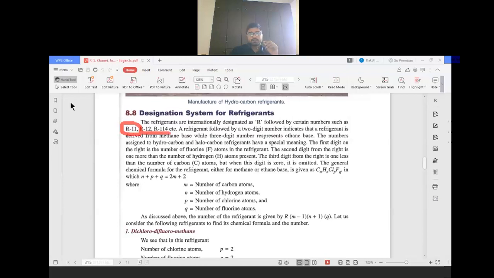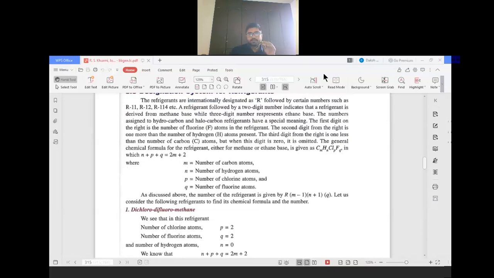You might get confused about what these numbers indicate, or whether there is any chemical formula behind them. Yes, there is a method by which we can designate refrigerants, a procedure by which we can identify the numbers of refrigerants.